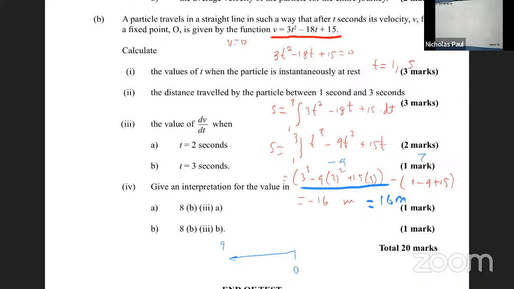And then at the third second, it was on the positive side. So this total distance traveled here is 16 meters. This is the minus 9 side. Just to get a little idea what's going on: he was at minus 9, then he went across.